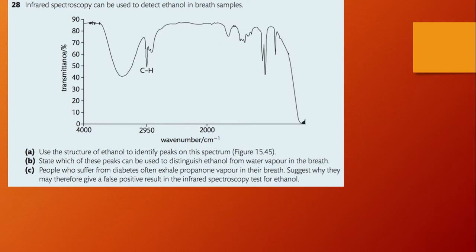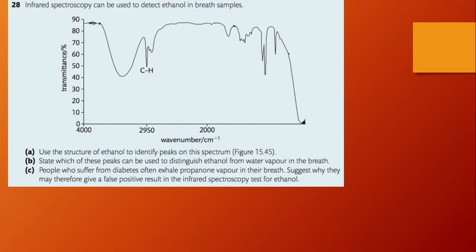All right, why don't we do 2 wrap-up questions where we look at these tests used to identify compounds. So, in number 28, infrared spectroscopy can be used to detect ethanol in breath samples. Letter A says use the structure of ethanol to identify peaks on this spectrum.